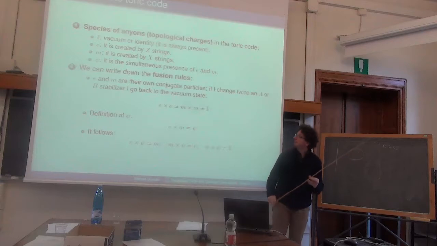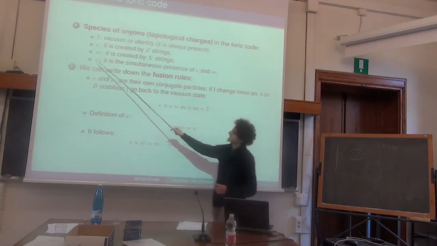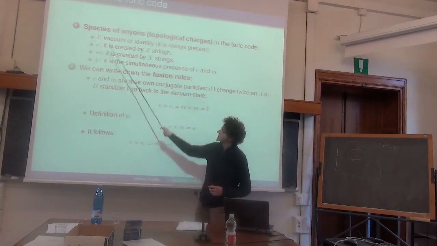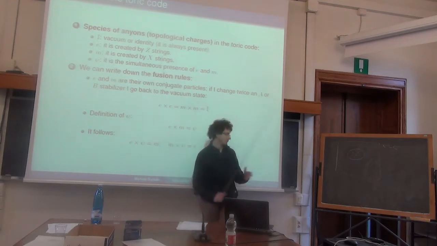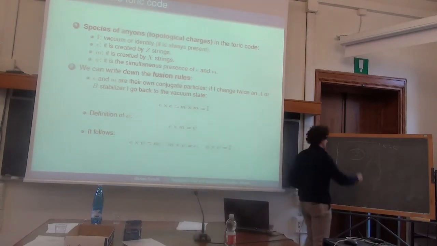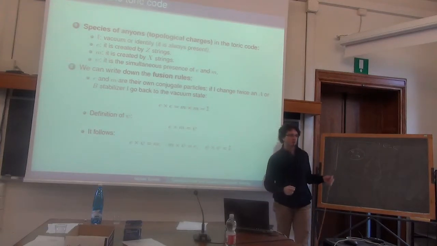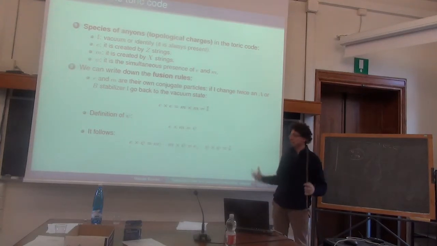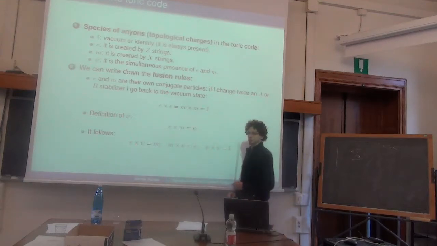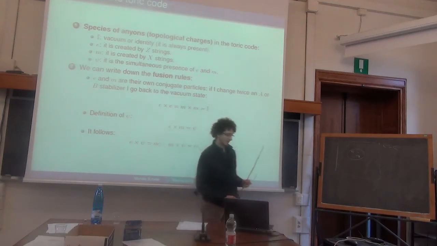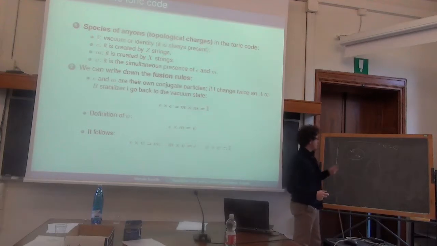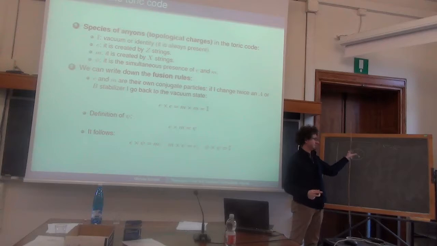And finally, I have to include this further charge, which is the product of E and M. So in my subset, I have a single E charge and a single M charge. Seen from far enough, they appear as a new sort of topological charge, a new sort of excitation. So the trick is that I'm no longer able to distinguish the internal structure of this thing.